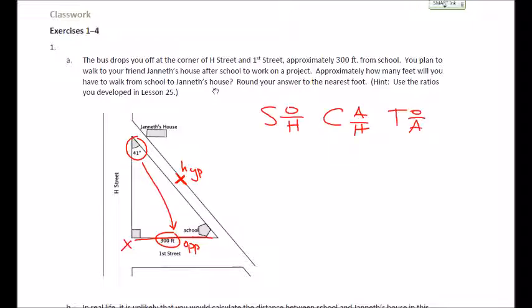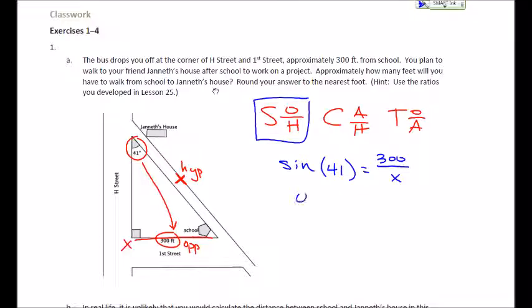And I want the ratio that relates the opposite and the hypotenuse, which is the sine ratio. And I know the sine of the angle, 41 degrees, is equal to the opposite, which is 300, divided by the hypotenuse, which is x. And the sine ratio for 41 degrees is 0.656, which is equal to 300 over x.